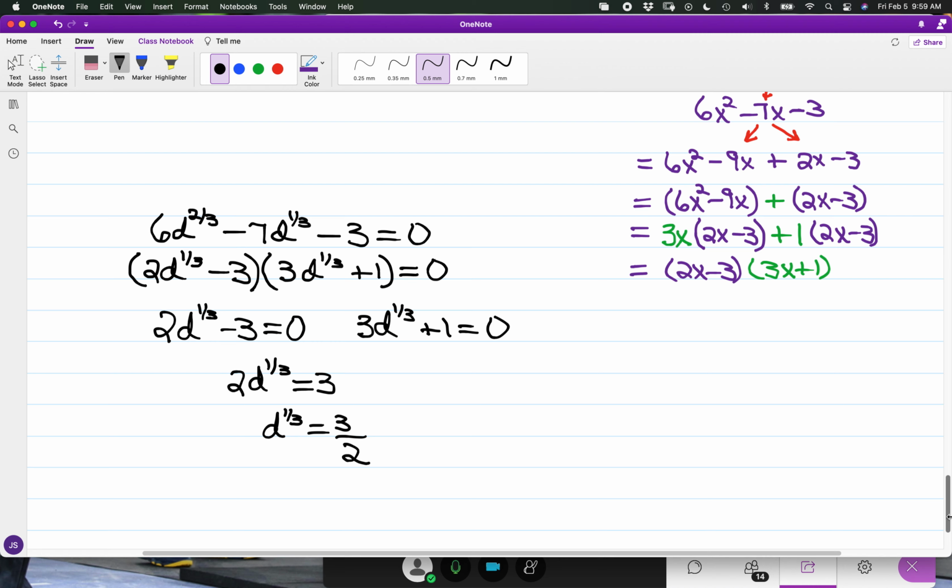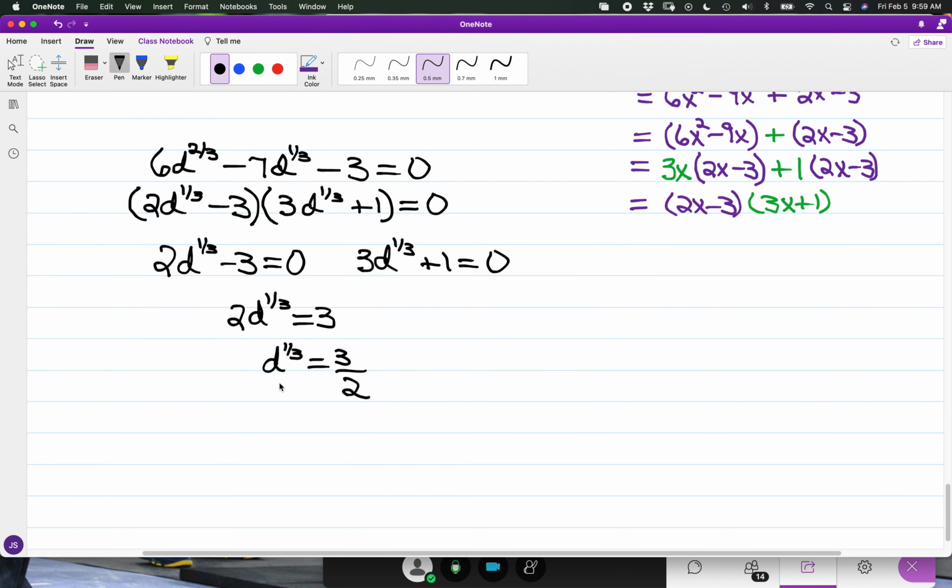Now, going from what we have here in d, which has right now a non-integer exponent, I can convert the power to a radical. So d to the 1/3 will be the cubic root of d, and we have the cubic root of d is equal to 3/2.